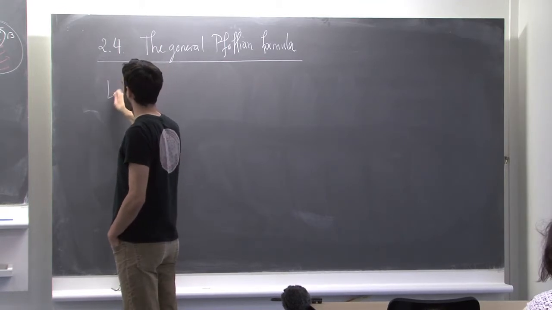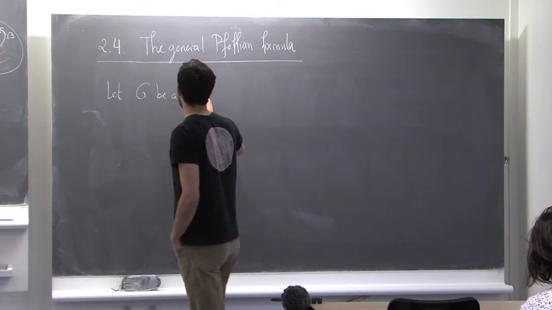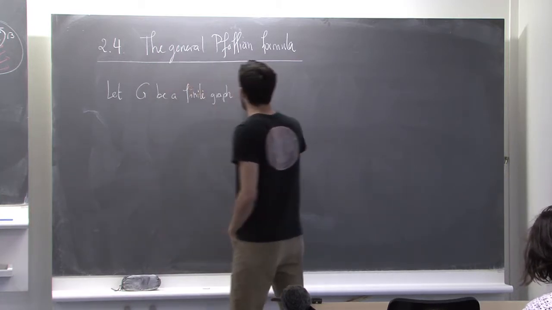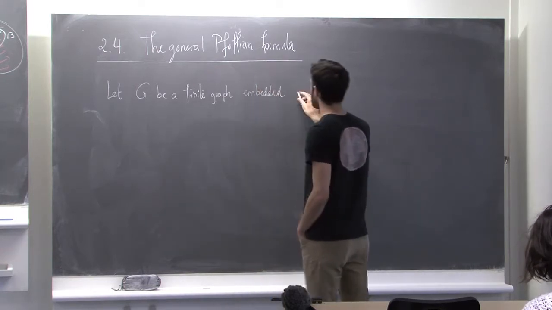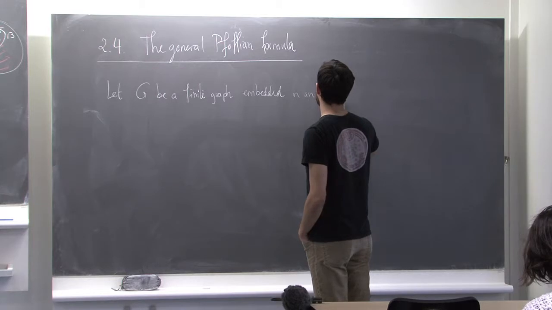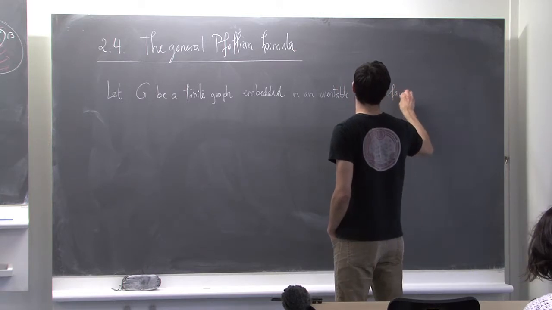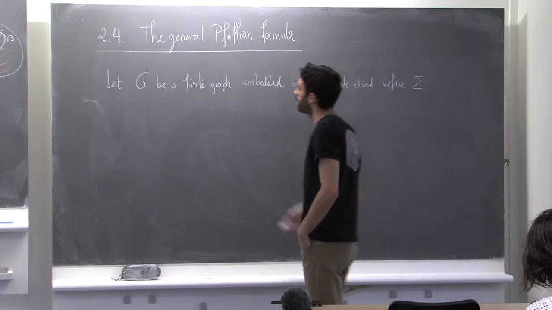We have, let G be a finite graph embedded in a surface, in an orientable closed surface Sigma. Okay.